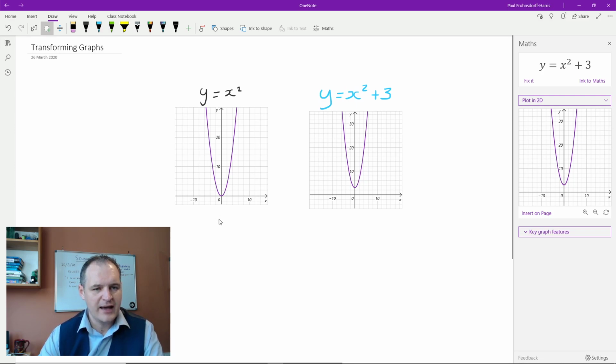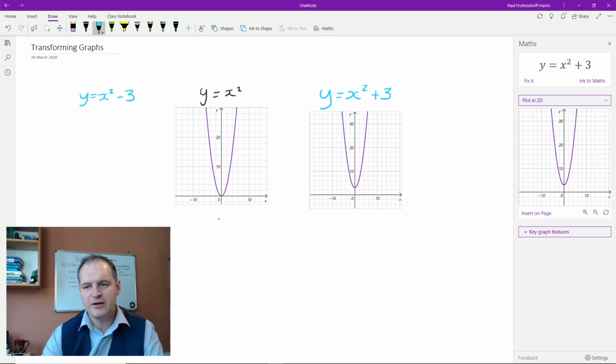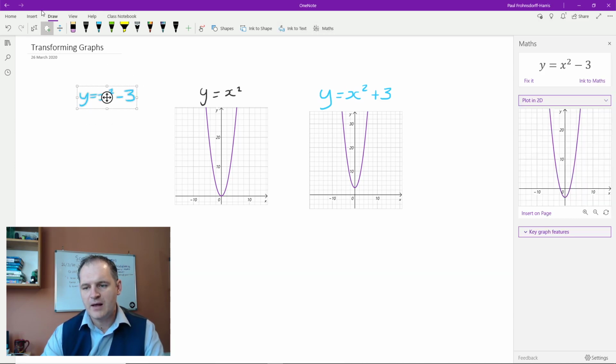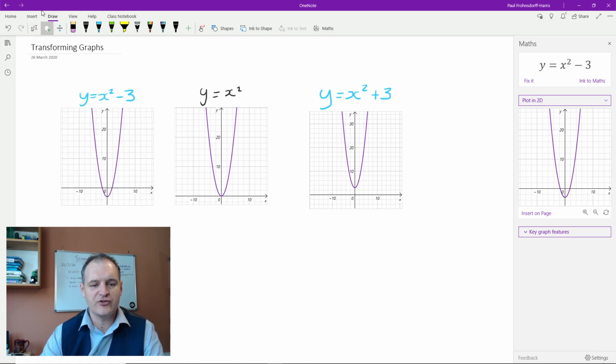Similarly, it's not too difficult for us to see that the same is true when we have y equals x squared minus 3. And we can then, once again, get the graph of this, insert it, and we can see that's gone down 3.